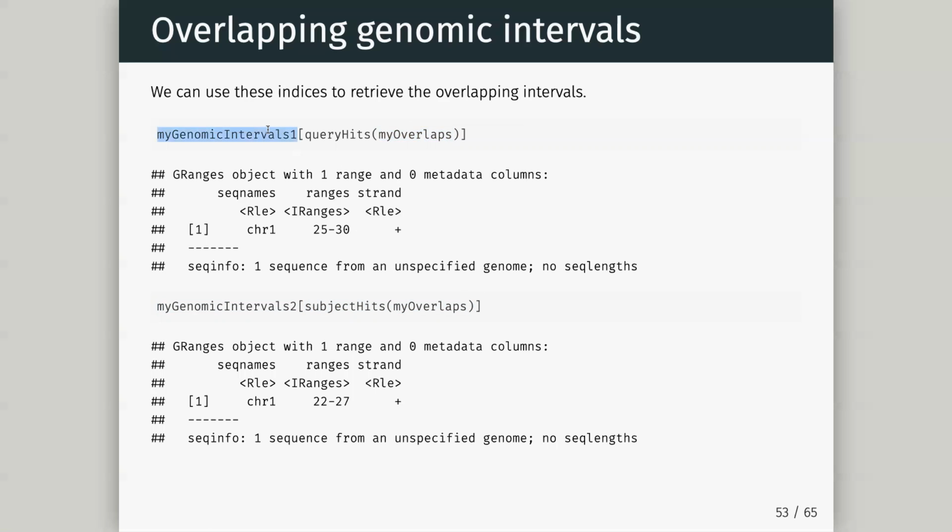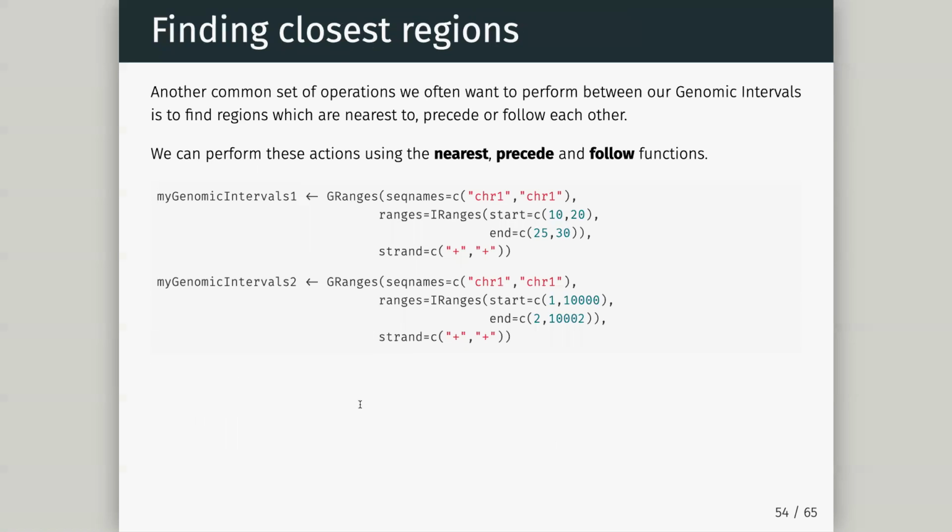So I can subset my genomic intervals list through this one, and in the second one, it will be the overlapping region. That's going to be useful for when we turn that into a data frame and put them side by side. We know that they all overlap, and we can then use that in our further analysis. We're going to come back to that in the exercise.